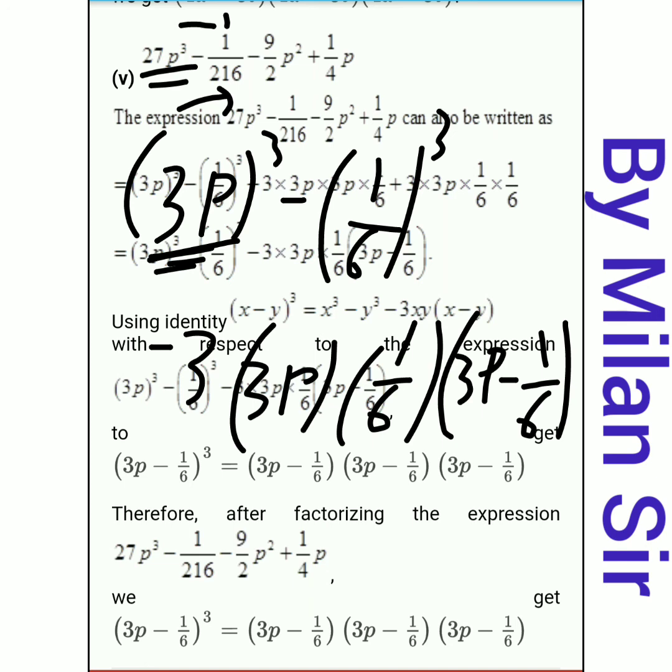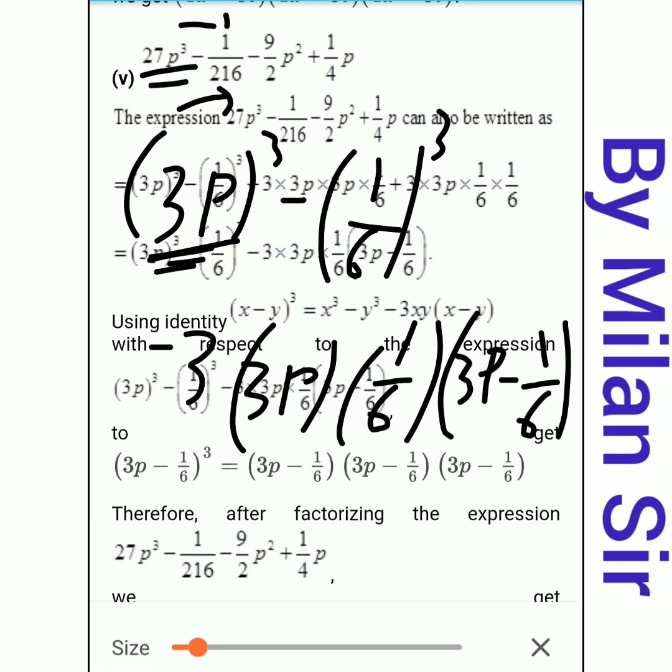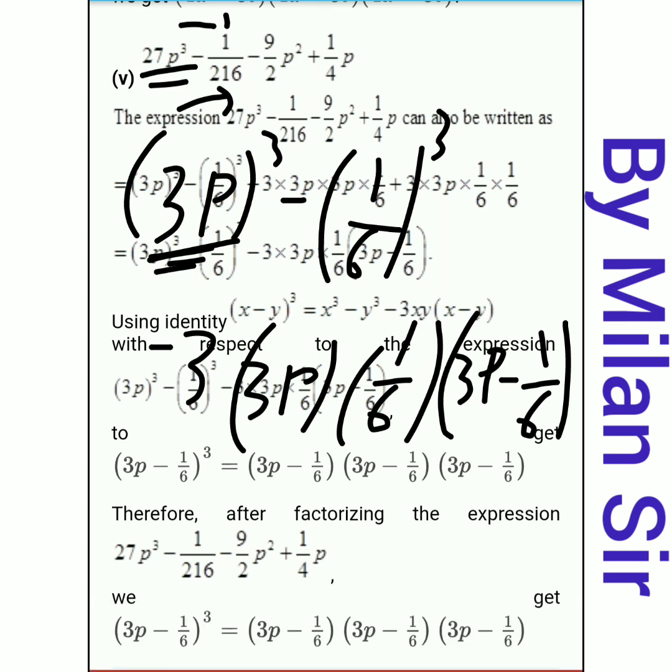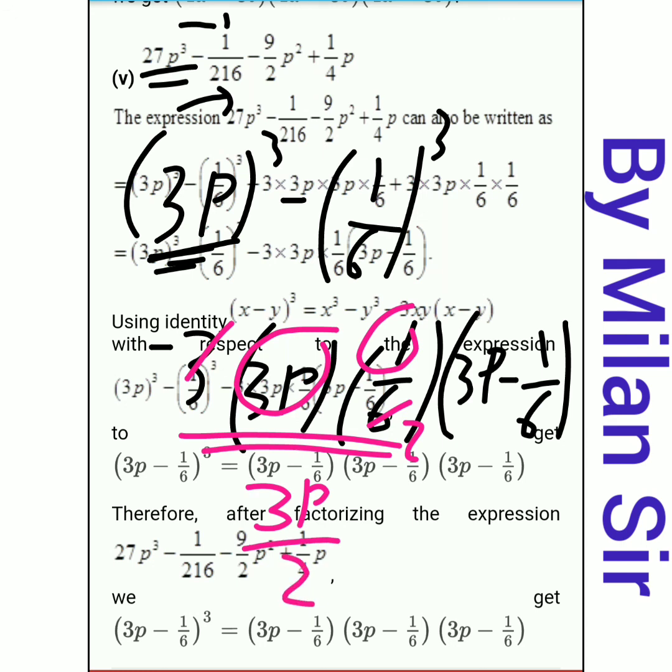Okay, now we need to check the answer, right? First of all, we need to find the answer of this bracket. Here we can cut this 3 to the 2, so in the numerator 3p multiply 1, 3p divided by 2, and before that we have a negative sign.